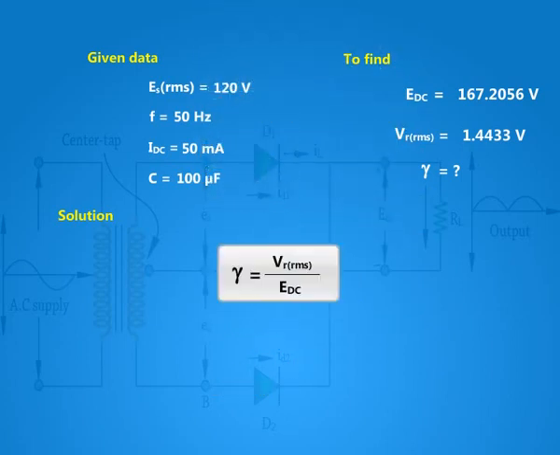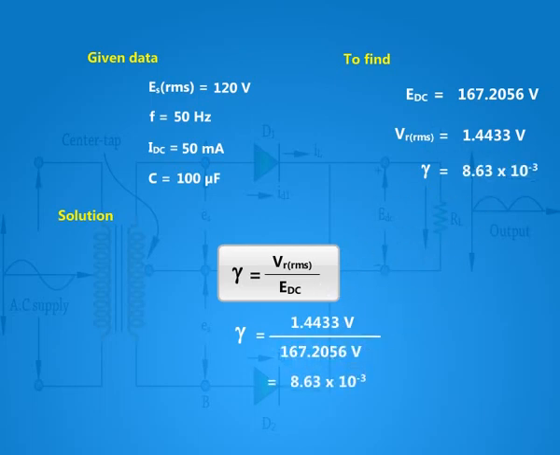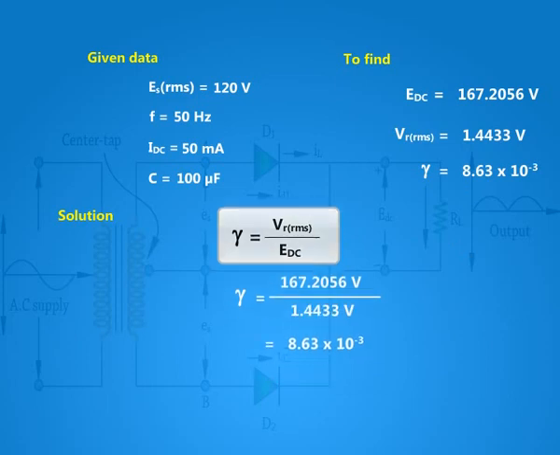The ripple factor gamma is equal to VR RMS by EDC. Substitute the values of EDC and VR RMS in the above equation. Therefore, the ripple factor gamma is equal to 8.63 into 10 to the power of minus 3.